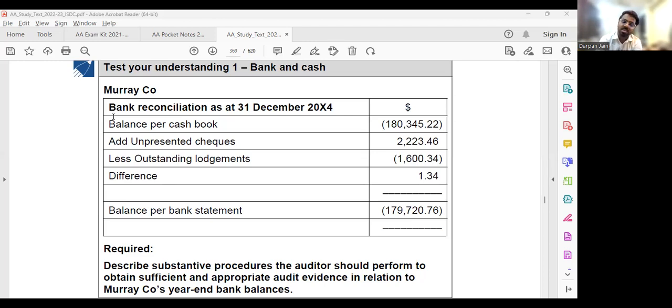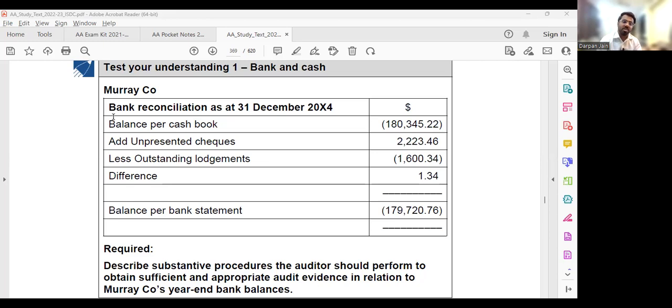Next, less outstanding lodgement. What are outstanding lodgements? Checks received but not sent for collection. If you want to write it down, write it down. Outstanding lodgements are checks which have been received, but they have not been sent for collection.